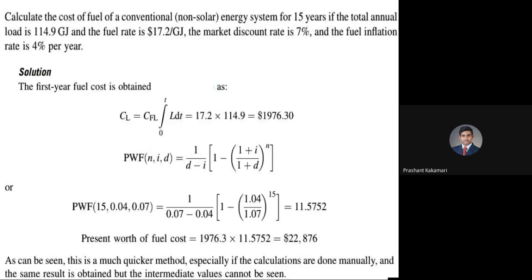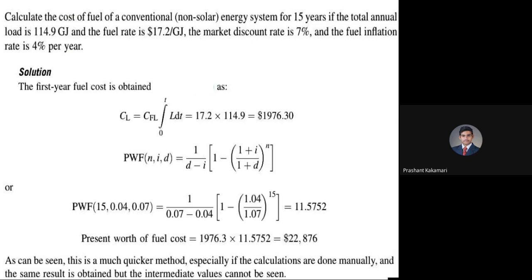Now you substitute. Discount is 7%, so it is 0.07. Inflation is 4%, it is 0.04. And the number of years is 15. So the present worth factor is around 11.5752. By that rate, the first year cost of the fuel is going to increase.